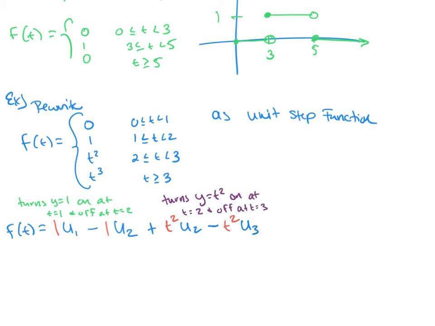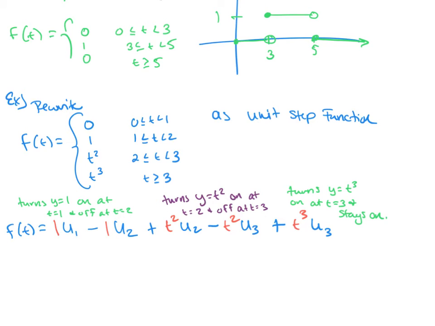And then finally, I want to turn on, so plus the function t cubed at t equals 3, and I want to just keep it on. So plus t cubed u3. This turns y equals t cubed on at t equals 3, and it stays on.